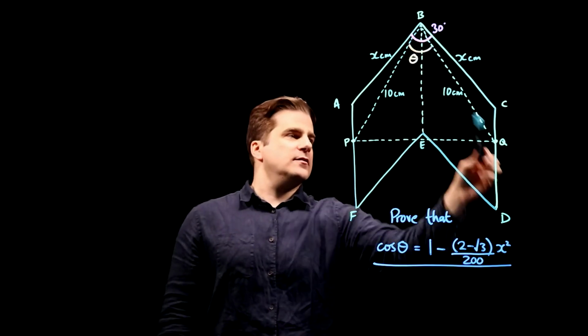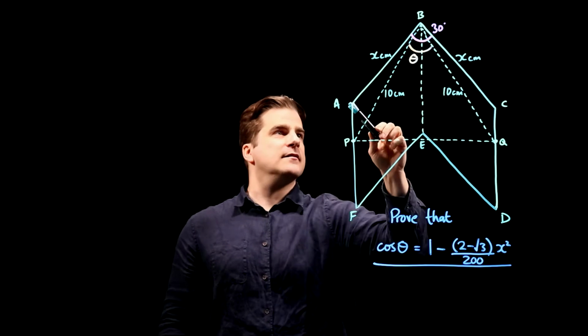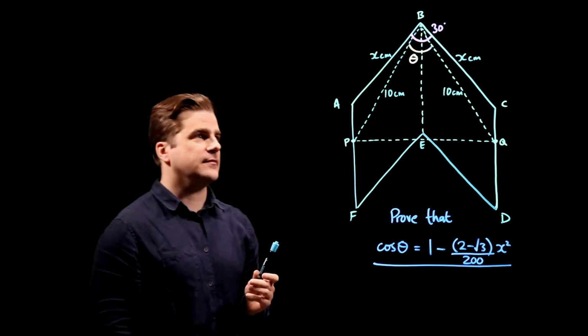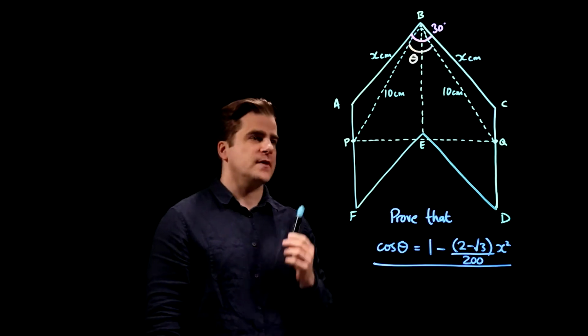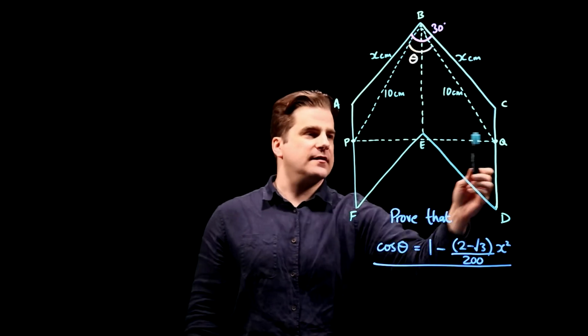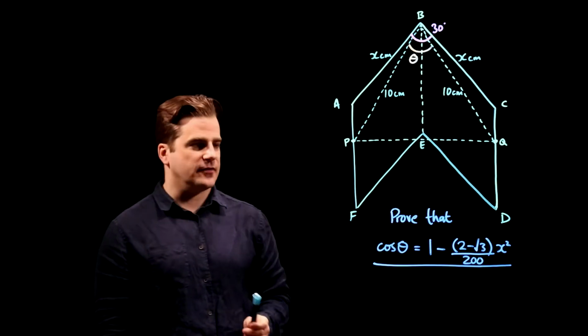So we have this triangle with theta in it, and this triangle with 30 in it. That's x, that's 10, that's 10, and we have to prove that cos theta is all that.